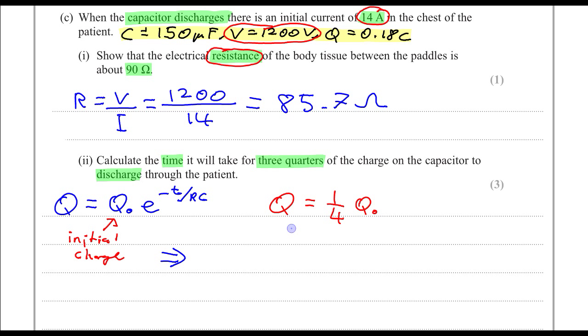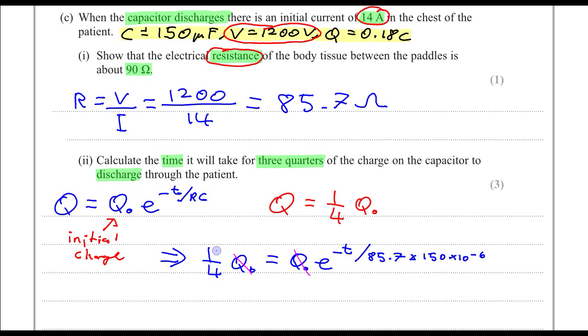So we will have Q replaced with 1/4 Q0 being equal to Q0 e to the minus T over, well, the resistance, that is 85.7, and we need to times it by the capacitance, which is back there, 150 times 10 to the minus 6, and we can cancel the Q0, so you can see that the actual amount of the initial current is not really important.